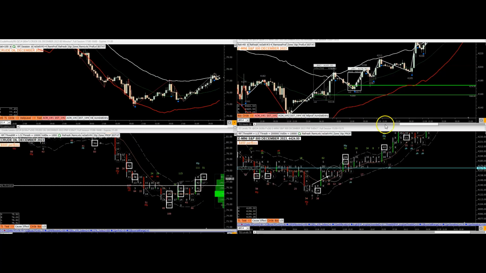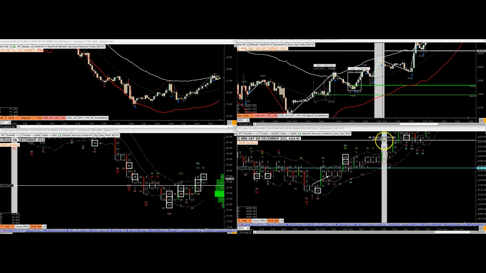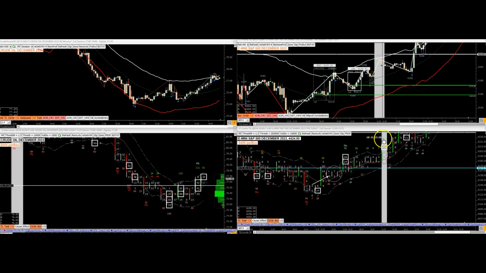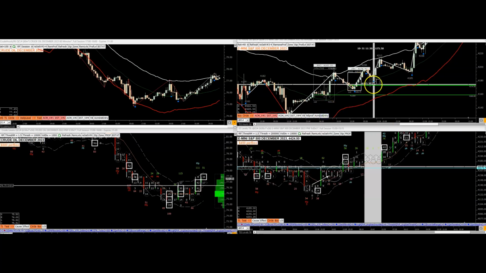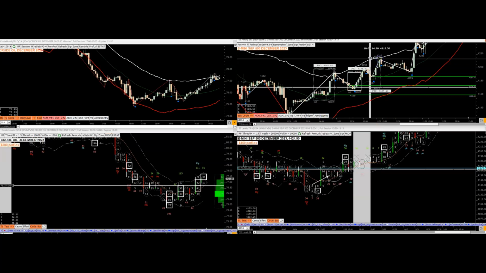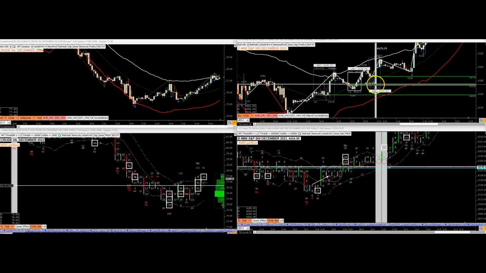Now we do this again. Look for the next rally. You have to find the rally, right? Look at the reaccumulation and draw the line.